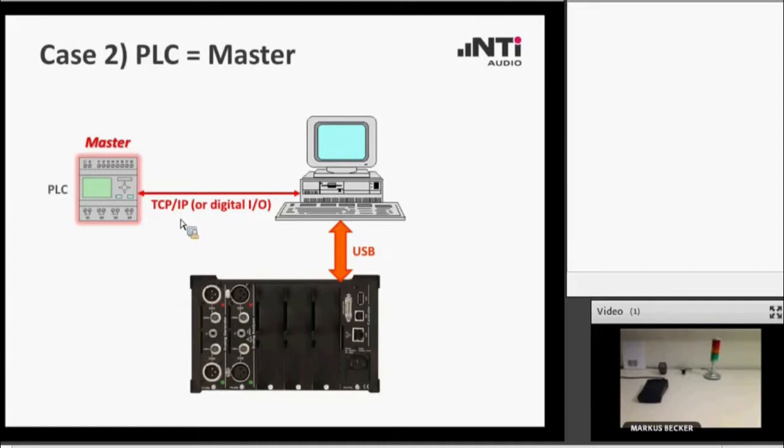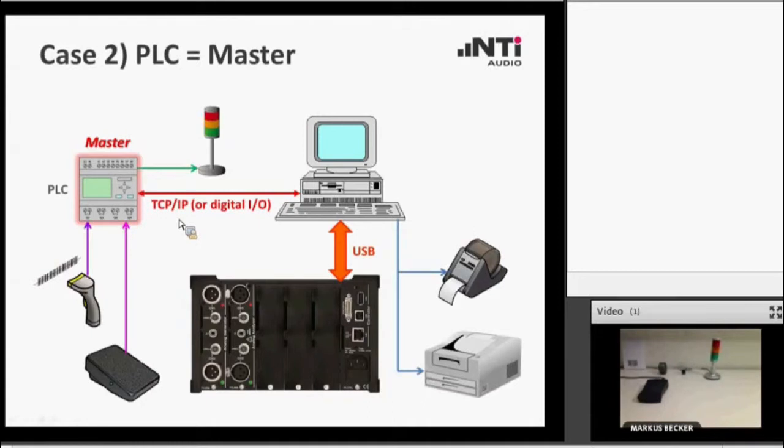So how can we connect the external devices to these system components in this case? Actually, there are 3 different modes. The first one would be to connect these devices, as you see here on the left-hand side, to the controlling master. The second alternative would be to connect them to the controller PC, visualized here by these two printers.